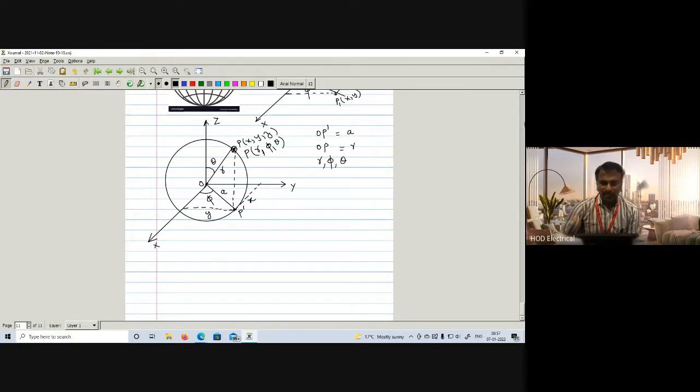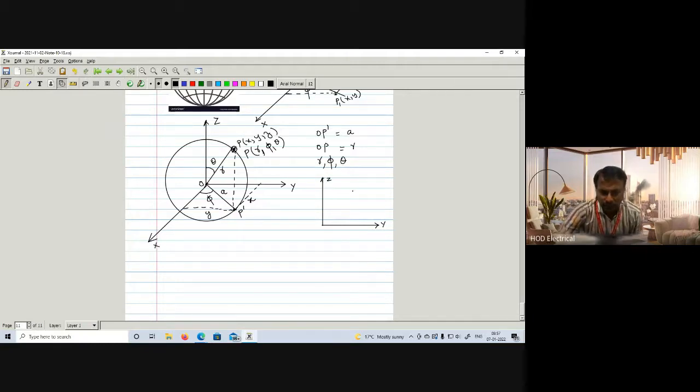For that, let me take this YZ plane alone. I will draw it here. This is the Z axis, and this is the Y axis.